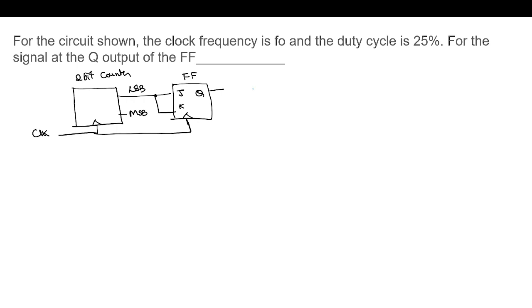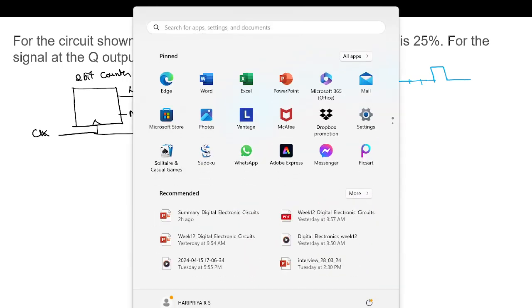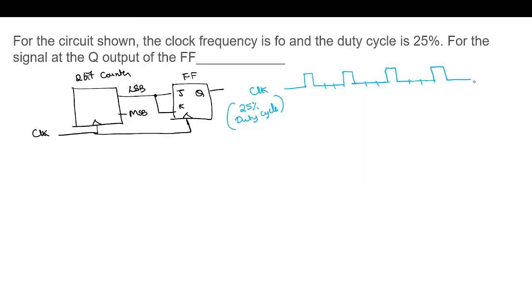If you see this clock signal, which is given to be 25% duty cycle, then it is like 1 2 3. Okay, this is the clock.